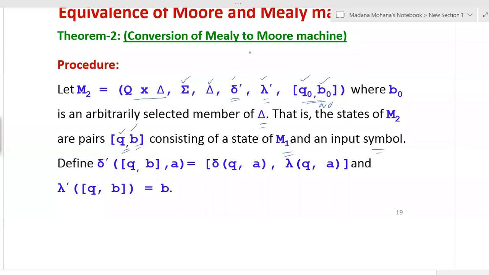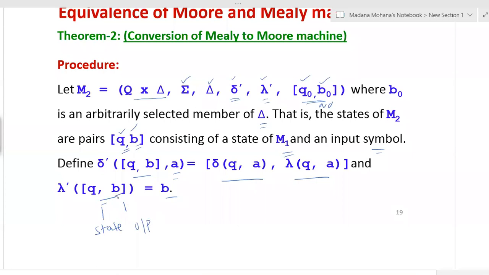And delta dash we need to find using the following transition rule. Delta dash of ((Q, B), A), that is the pair on the input A, equals the combination of the transition function and output function, that is (delta of (Q, A), lambda of (Q, A)). And lambda dash of (Q, B) equals B. In this pair, the first one is the state and the second one is the output alphabet.